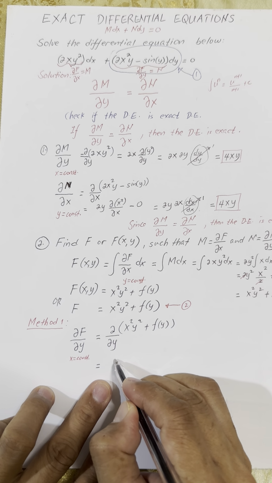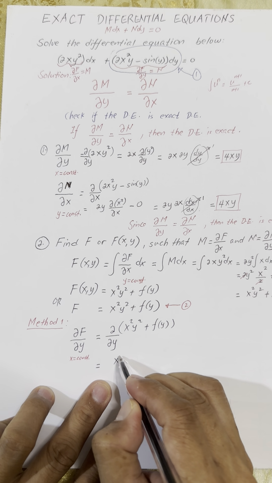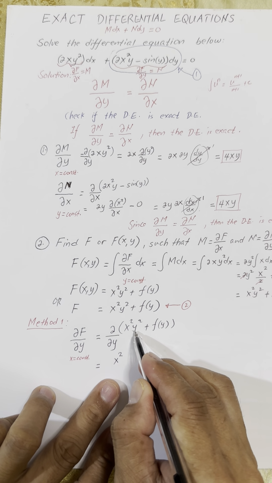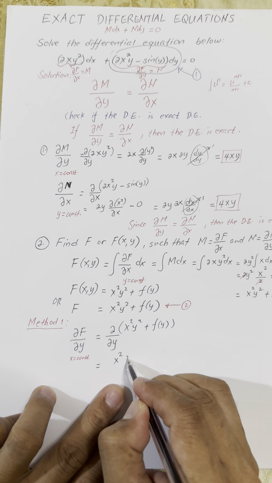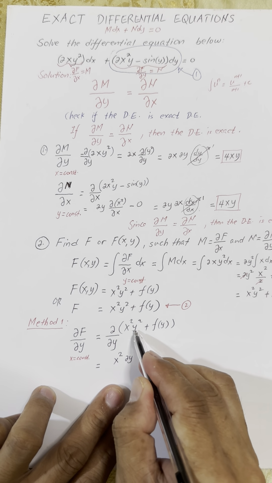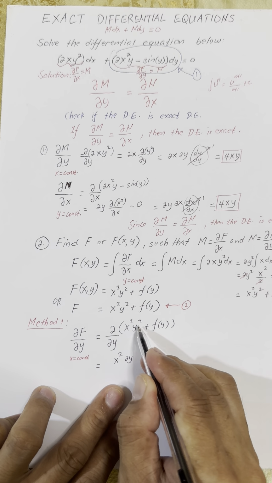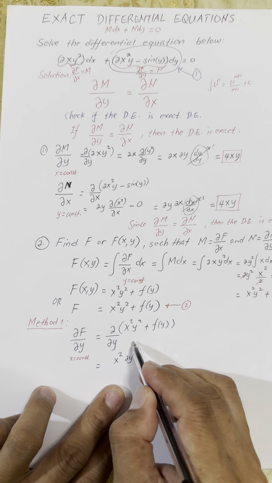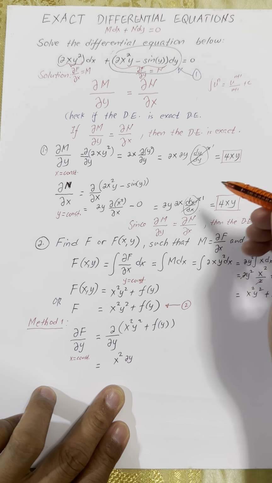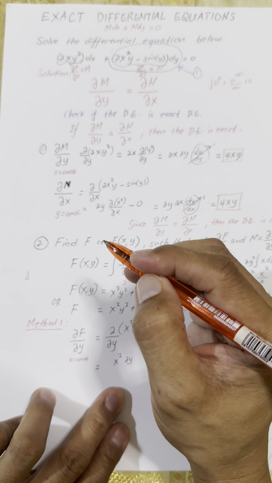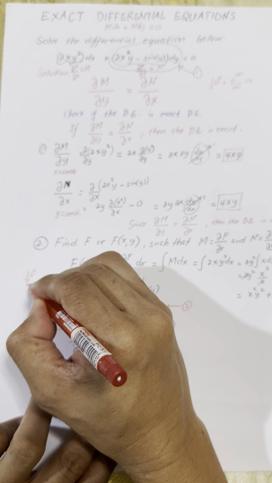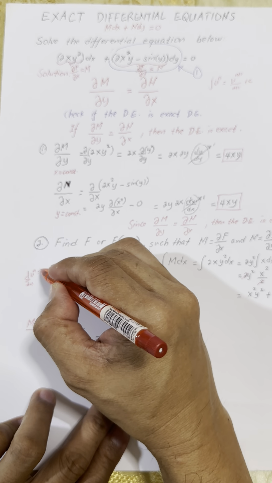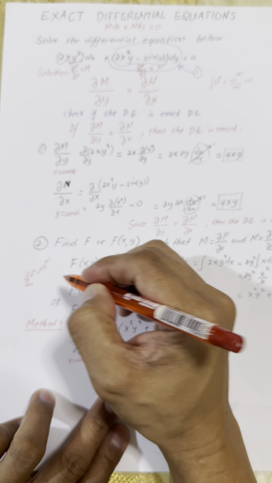So we have x squared, then take the derivative of y squared with respect to y. That is 2y. We use the formula here: the derivative of u to the n with respect to y equals n times u to the n minus 1.